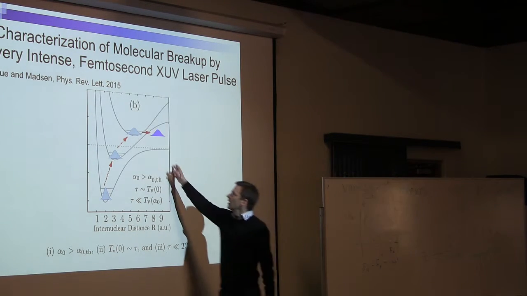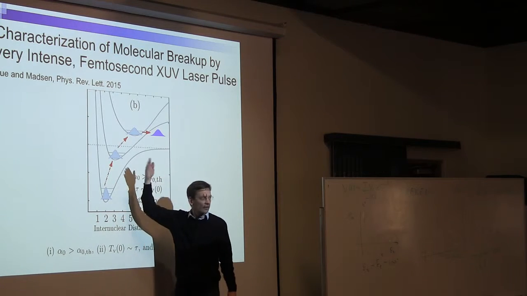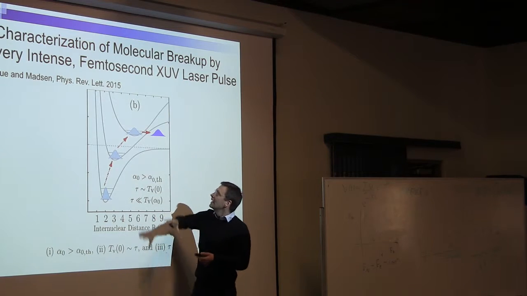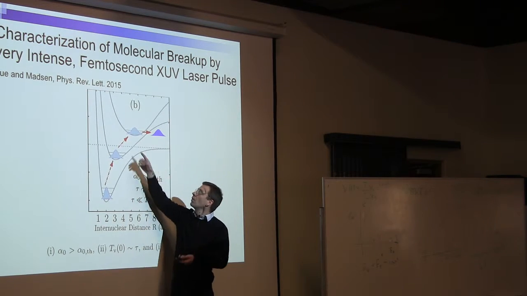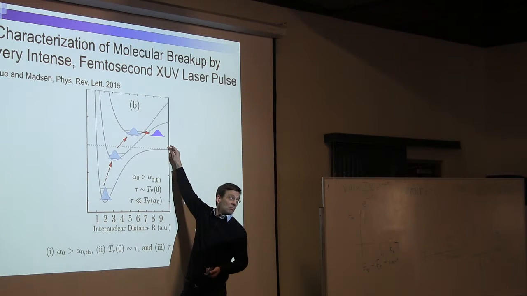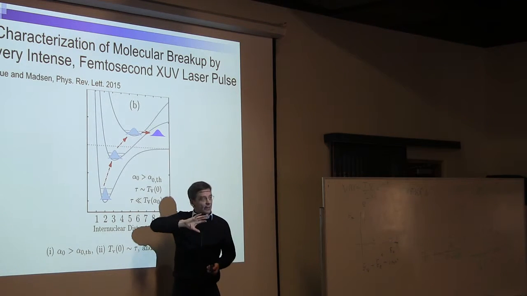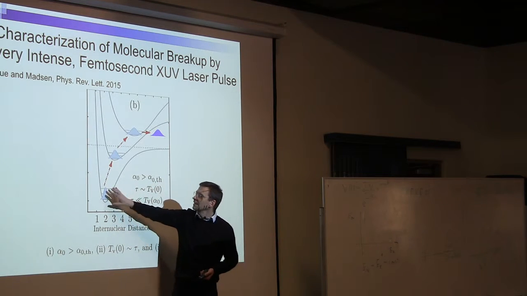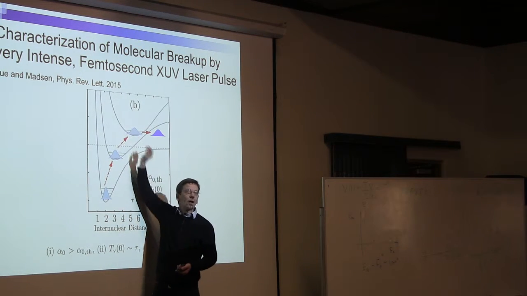Because initially, I have this system here, I increase my field strength, I get a dressed Born-Oppenheimer curve, I increase the field strength even more, I get this one up here. It's above the limit of dissociation. And the way I manipulate the laser in this particular case is such that this state can more or less follow adiabatically up.